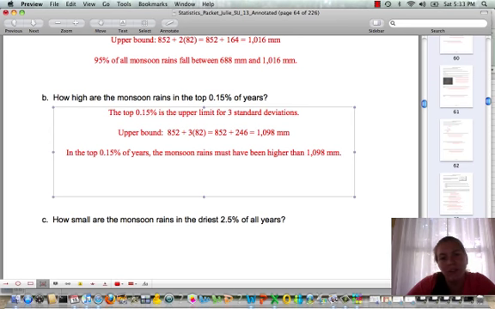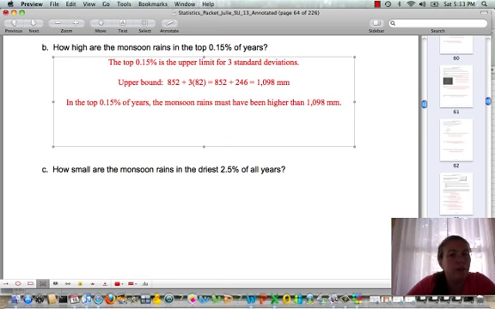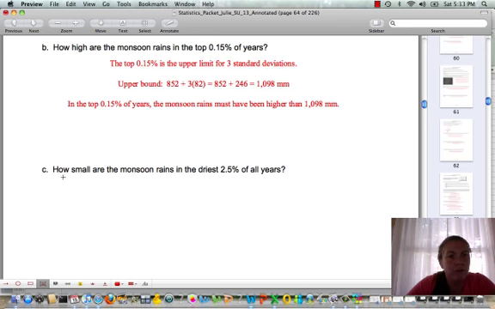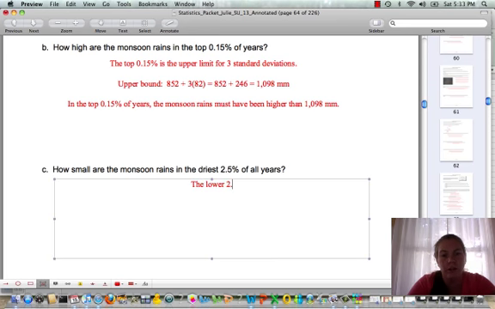Question C is asking the driest 2.5% of all years. So we can remember 2.5%, well, that's half of 5%, right? So the lower 2.5% is the cutoff for 2 standard deviations. Okay, so now we're going to calculate out our lower bound, which I believe we already did. So it's going to be 852 minus 2 times 82.